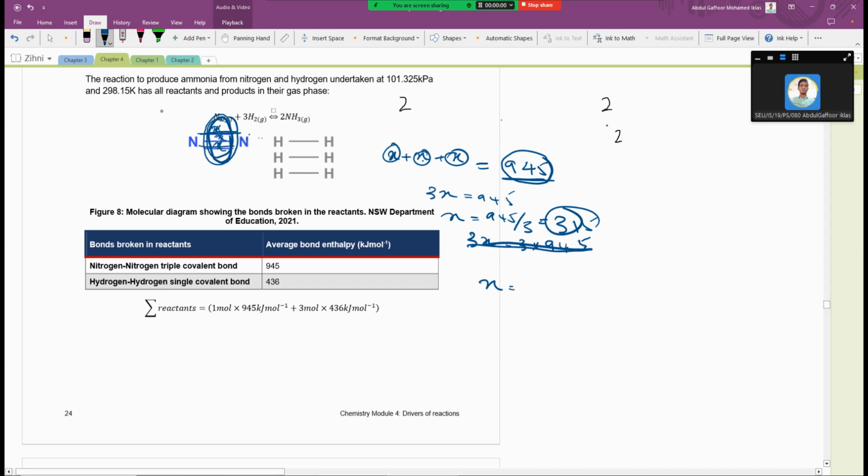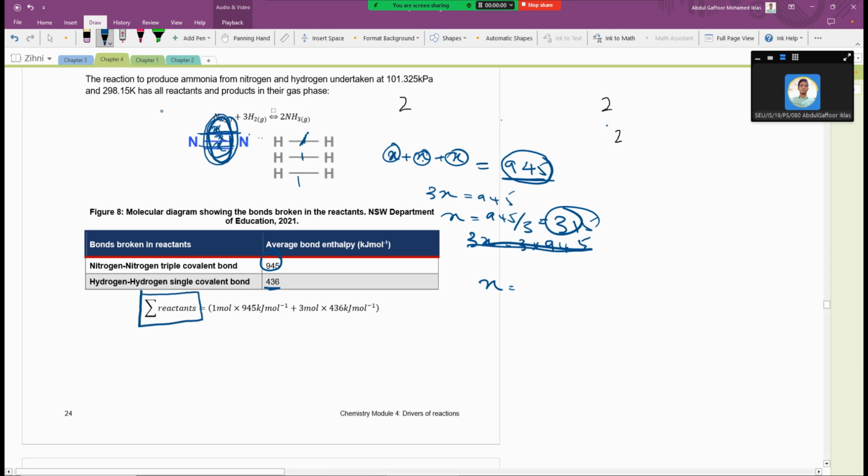We can just substitute these values with the mole, the coefficient of the reactants, right? Now hydrogen single covalent bond. For breaking this bond we require 436, right? Likewise, how many bonds do we need to break? 1, 2, 3, right? So first we have to write this down.